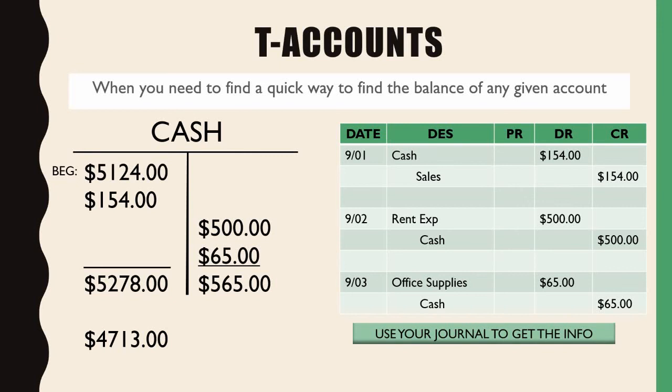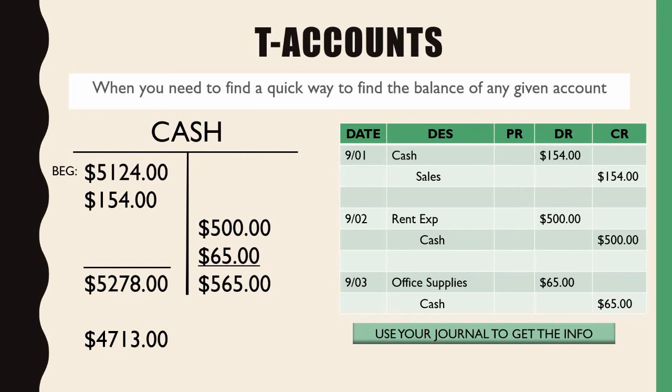It's just a quick little summary of, well, if I started with this much and I wrote this many checks out and deposited this much money in, this is how much I should have at the end of the day. It's a quick way to do that. Now, there is a better way to do this, and that is called the general ledger account.